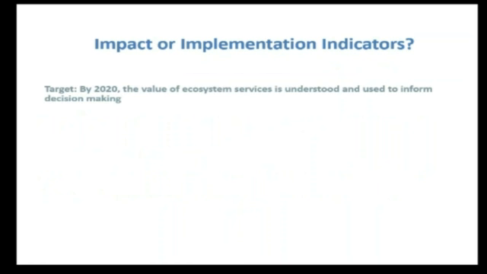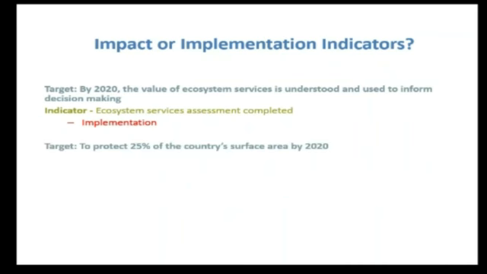And one more on that could be by 2020, the value of ecosystem services is understood and used to inform decision making. So if you have an indicator of ecosystem assessment completed, that's an implementation indicator. And a target to protect 25% of the country's surface area by 2020, then if the indicator's percentage coverage of protected areas, that's an impact indicator.